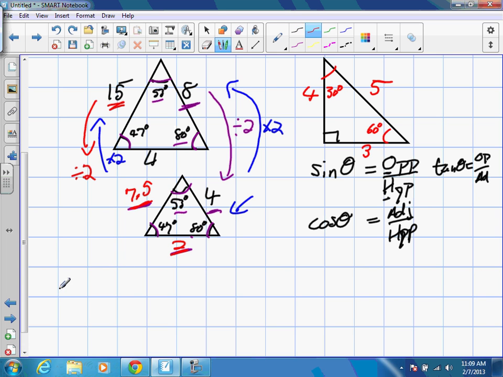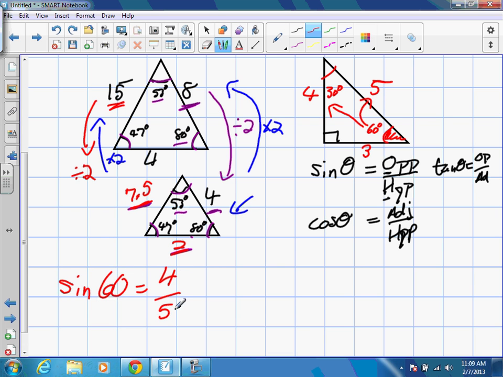Sine 60, which is this angle here, is equal to the opposite side over the hypotenuse. What would be opposite of 60? 4. I want the side, so 4. And what would the hypotenuse be? 5. It's always opposite of the right angle. So sine 60 is equal to 4 over 5.